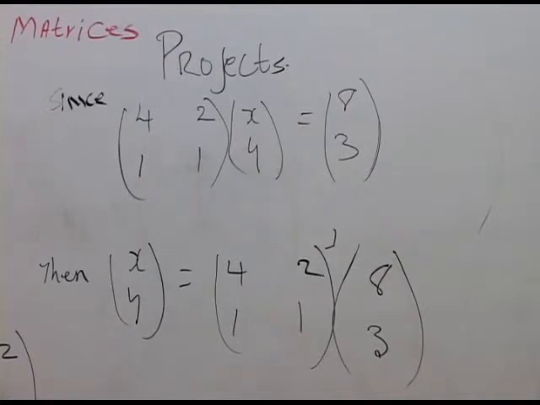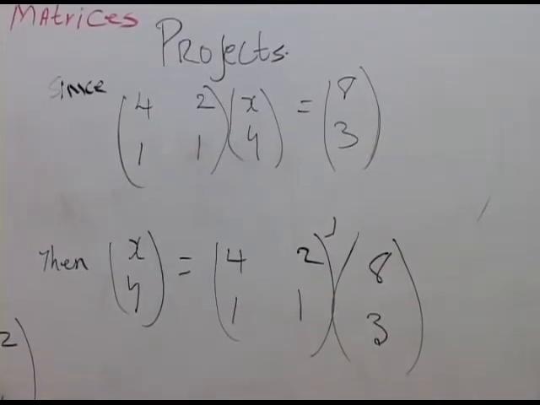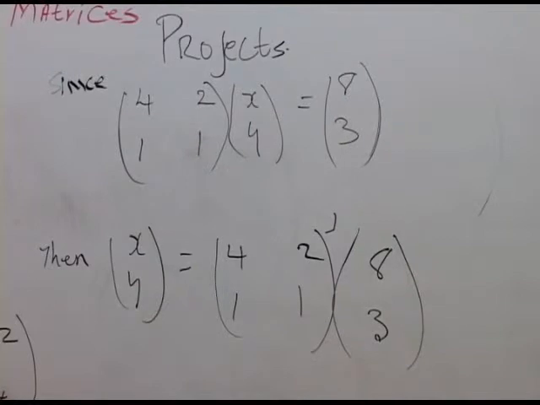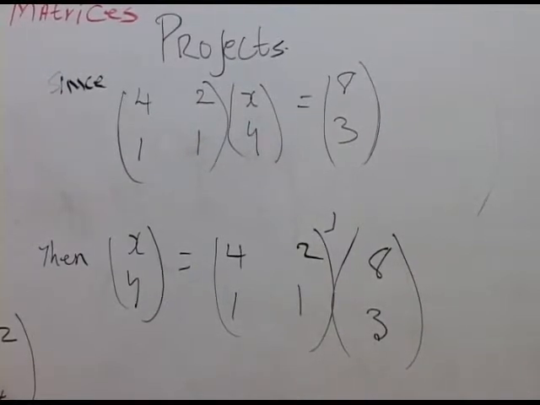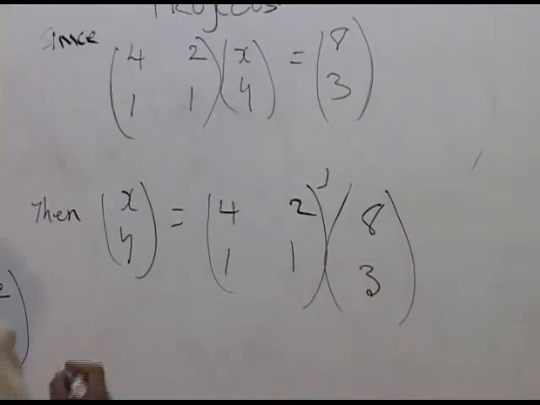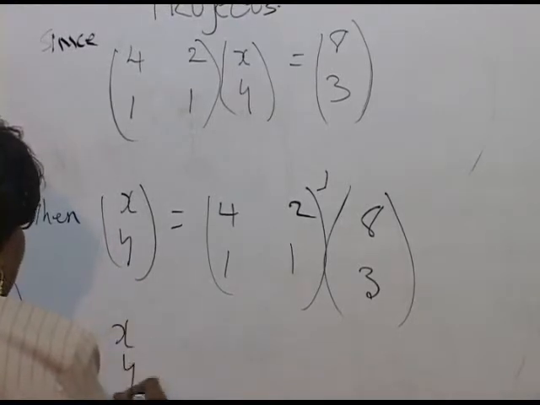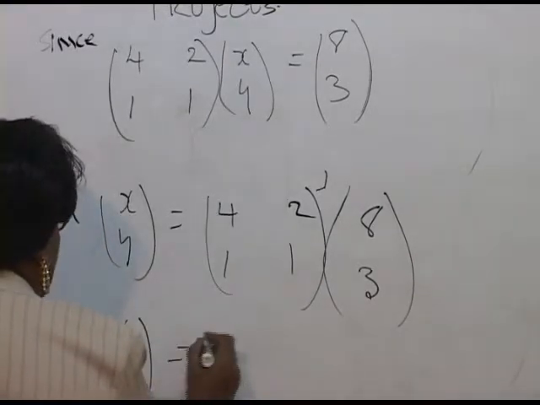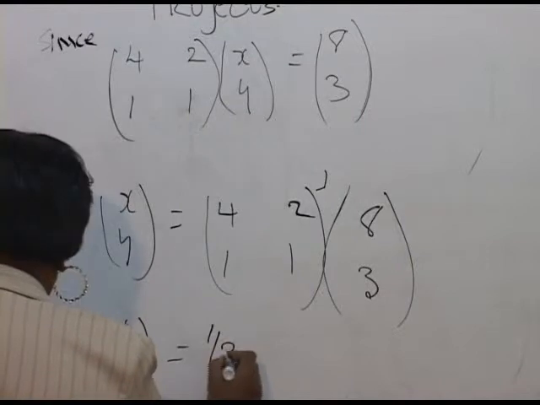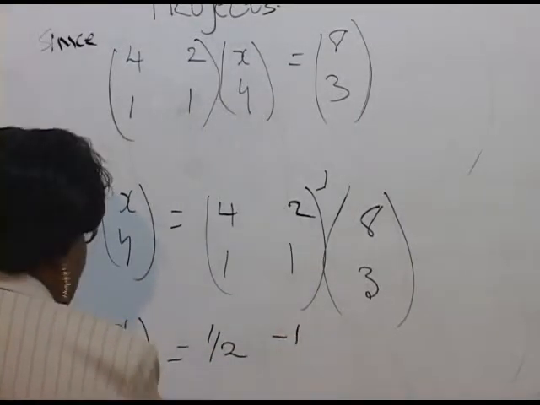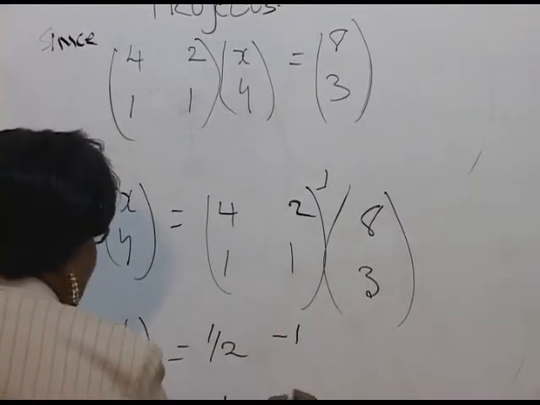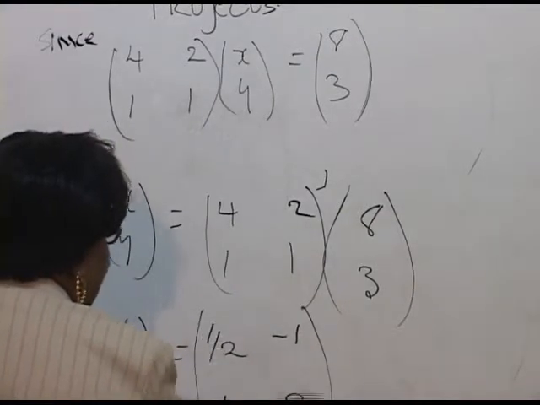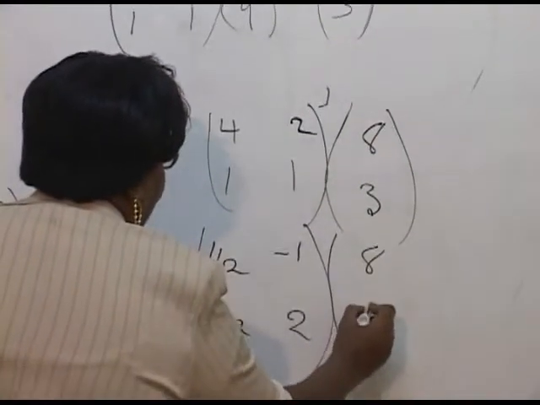Notice what you're saying. 4, 2, 1, 1. What did the first part of the question ask for? To find the inverse. So x, y is equal now to the inverse. It's a half, negative 1, negative a half, and 2, times our 8, 3.